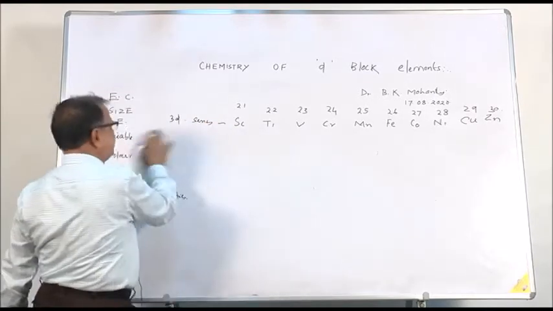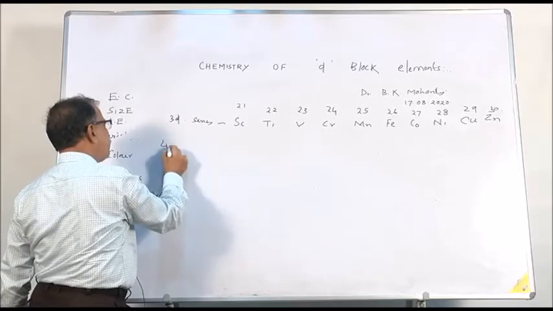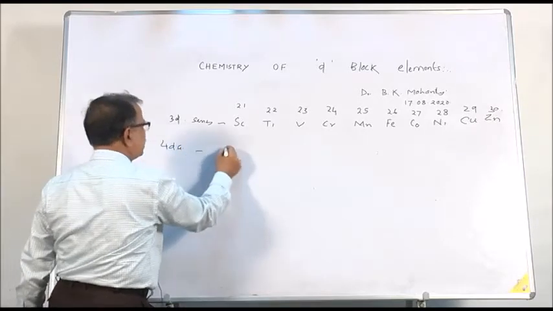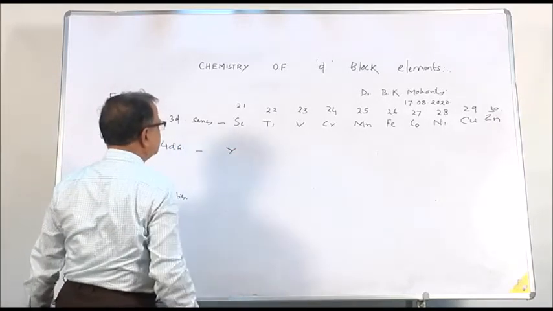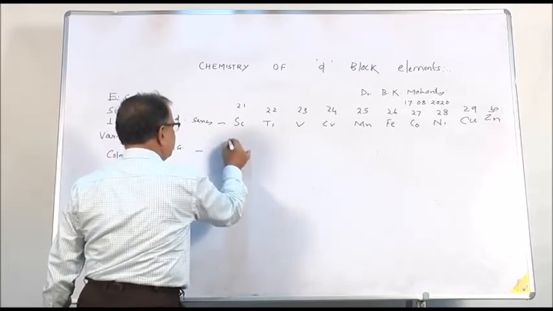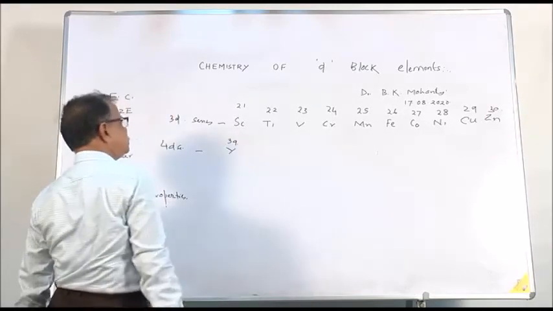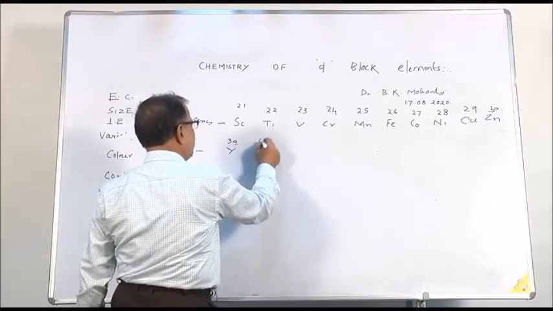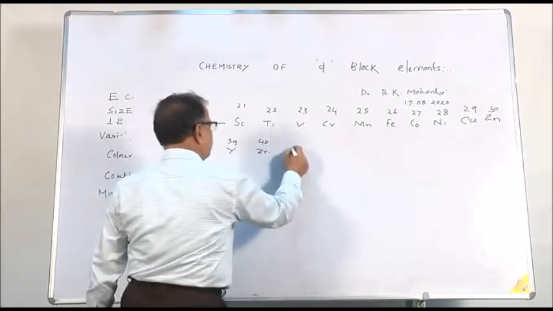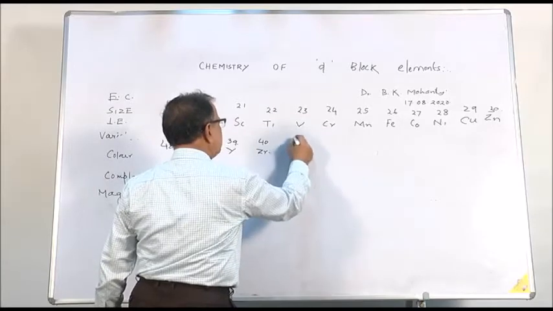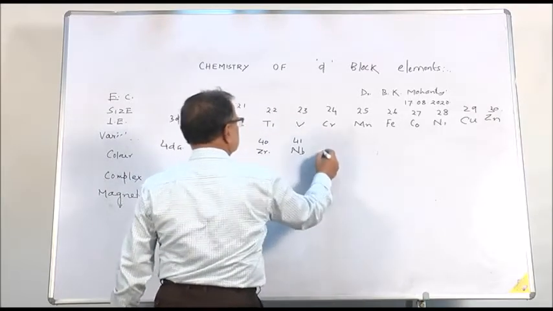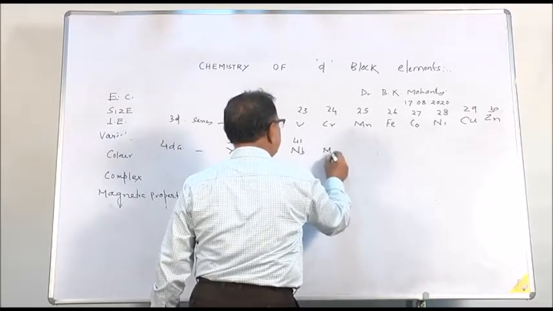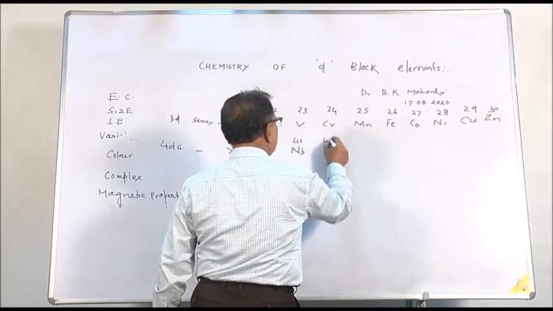Then the 4d series. Yttrium, Y, is atomic number 39. Then zirconium, 40. Niobium, 41. Molybdenum, 42.